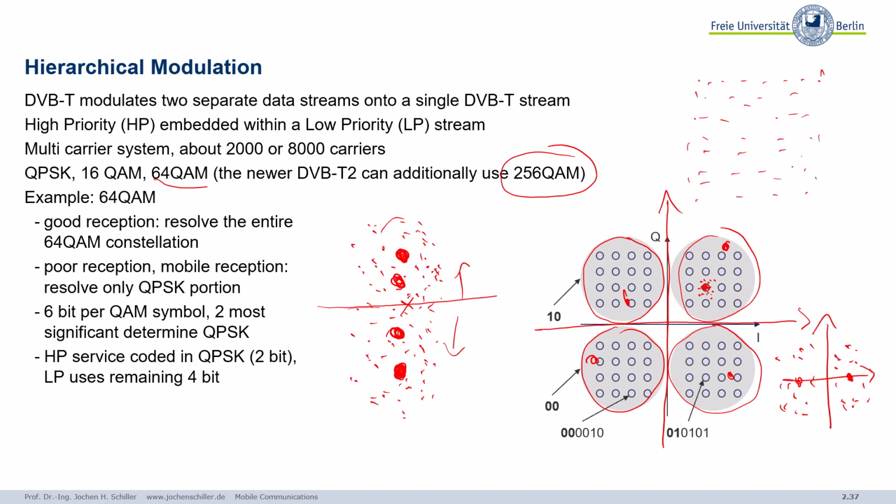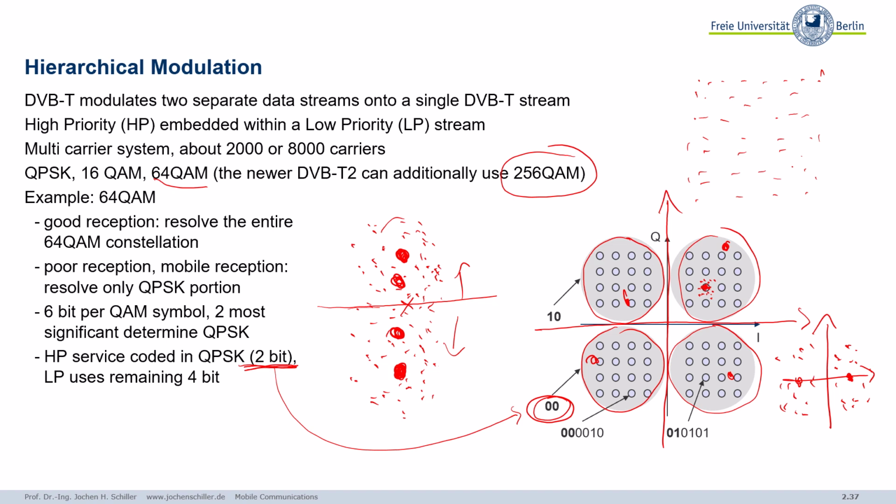And now DVB uses a simple trick. You code high priority data into those 2 bits. The two bits that at least tell you lower left, lower right, upper left, upper right part of my constellation.